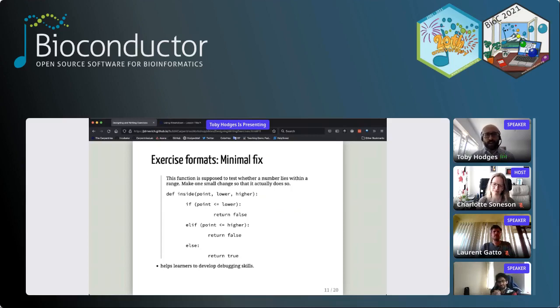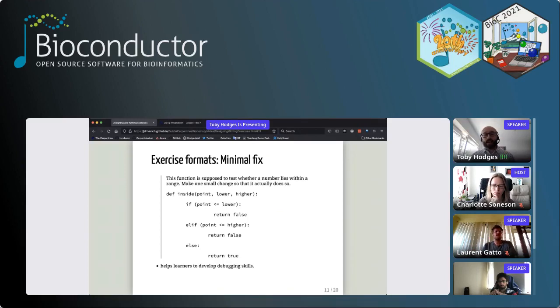Sorry about that. The idea here is that you're asking people to identify where in the example code block something is going wrong, and asking them to make the smallest possible change that they can think of to fix it to behave correctly.